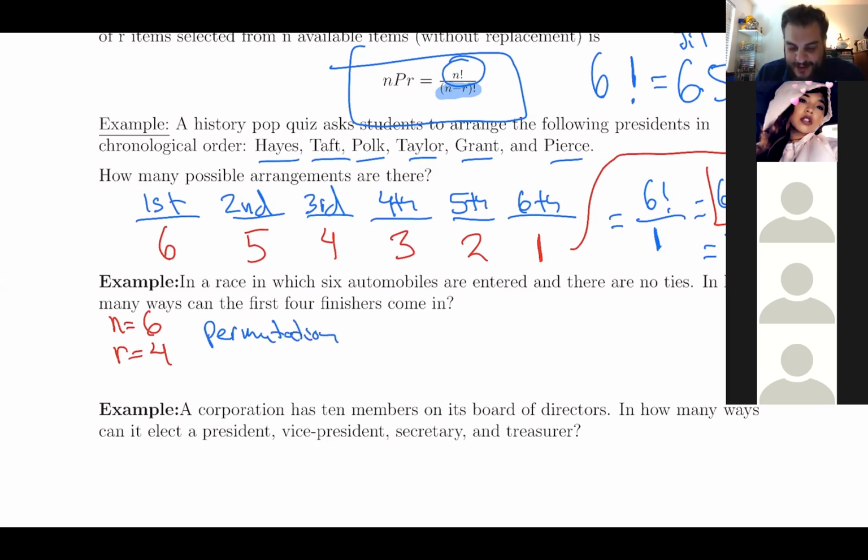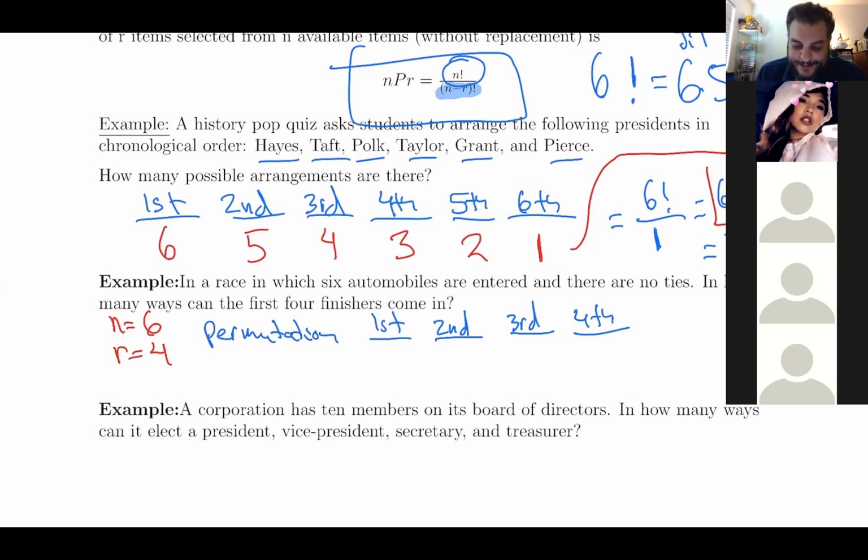So if you want, we could do it right here, where we do first place, second place, third place, and fourth place. For this one, how many people could come in first place? How many options do we have? 6.